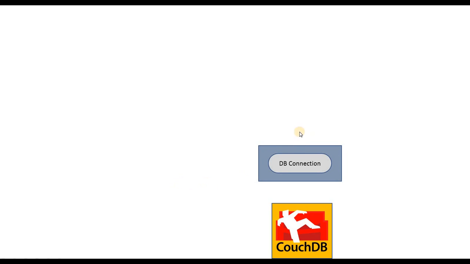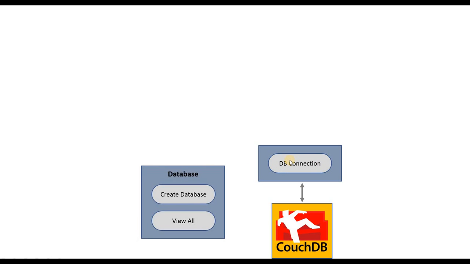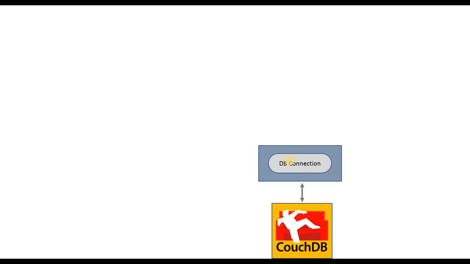Coming to the project architecture diagram, we are going to install CouchDB on our machine, and on top of that CouchDB we are going to develop a layer called DB connection. This layer will be responsible for obtaining the connection from CouchDB and closing the connection when required.